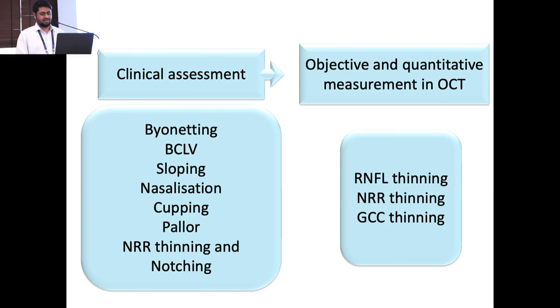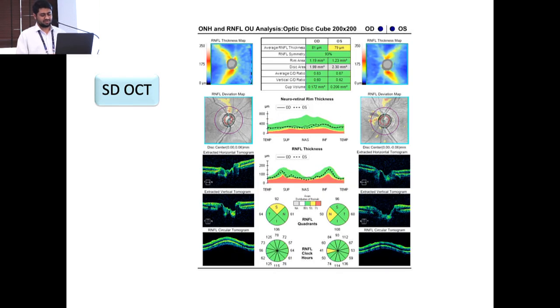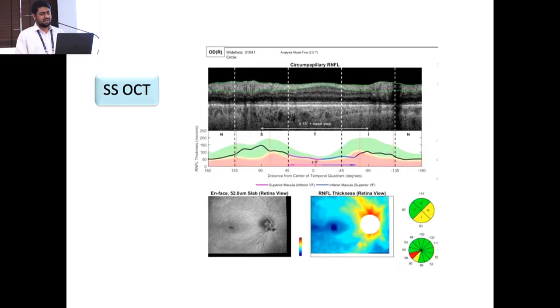There are a lot of parameters available, and each and every day it is developing and new things are coming. The older time domain OCT had only the RNFL data, the spectral domain OCT has the RNFL and a lot of optic nerve head parameters, and the swept source OCT gives a wider image.